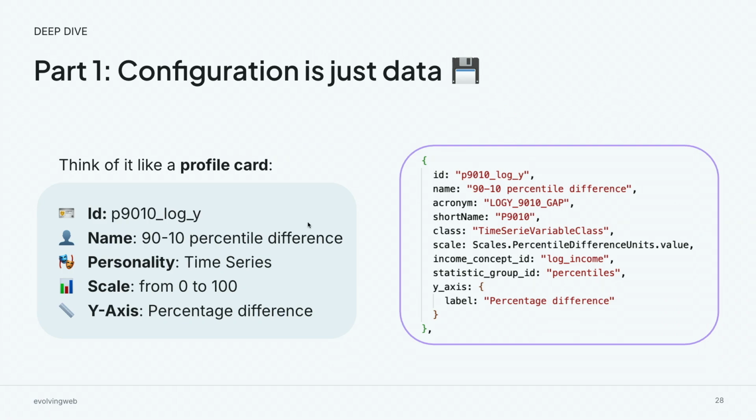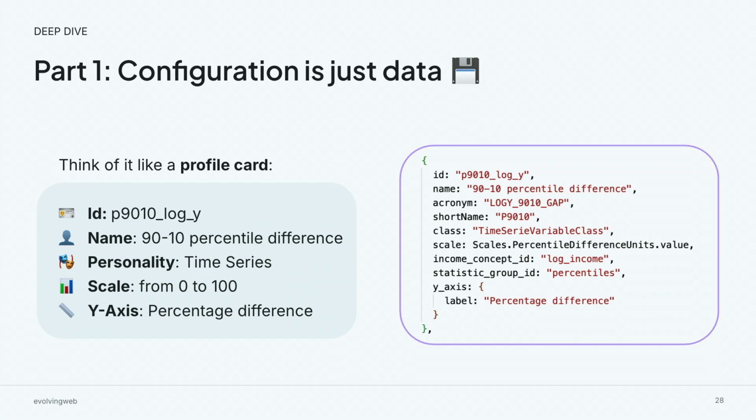So now let's speak about the first part of our architecture, which is the configuration. So just think of it as a profile card. So in this JSON file, you have every info about the statistics. So you have for sure its ID, that's how we're gonna identify it.